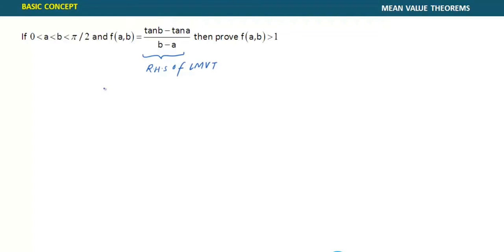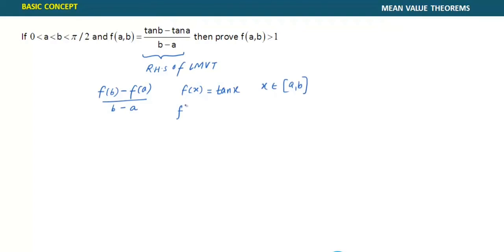The RHS of LMVT was something like (f(b) minus f(a)) divided by (b minus a). So if we compare this, then what will be the function? Yes, the function f(x) should be tan x, and you are trying to solve this from a to b. Then this will become the RHS of LMVT. Got it? Clear?